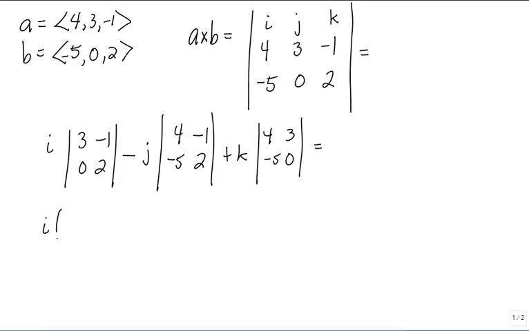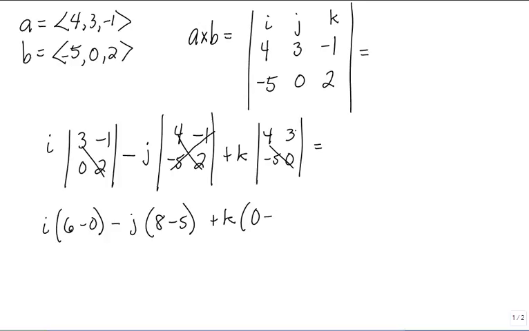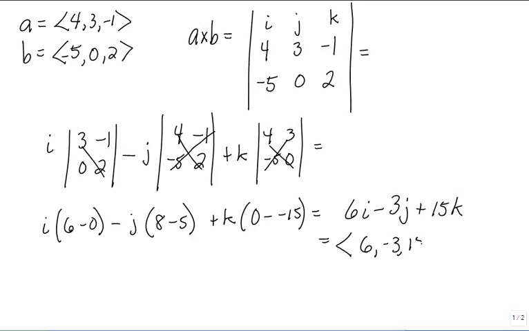This is going to be 6 minus 0, and that's going to be 8 minus 5, and that's going to be 0 minus a negative 15, and that's going to be 6i minus 3j plus 15k, and we get the vector 6, negative 3, 15. So remember, this shows us that the cross product is a vector in itself.